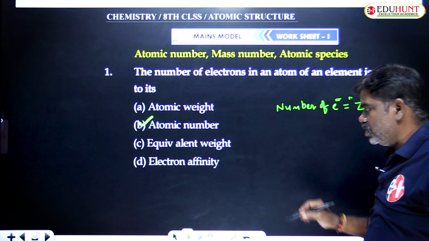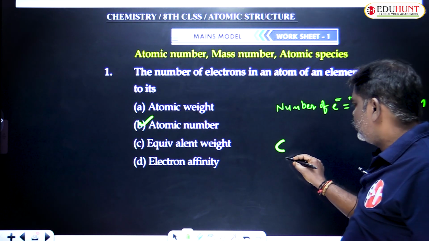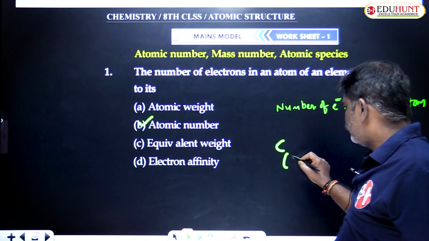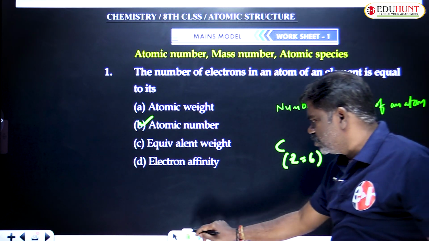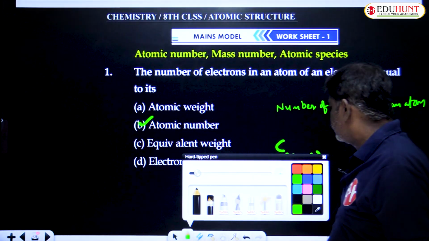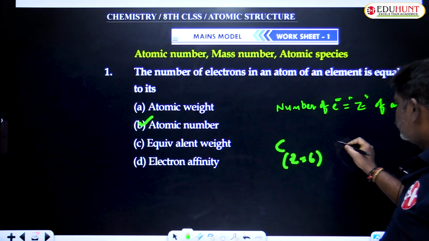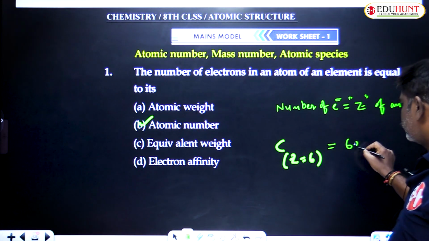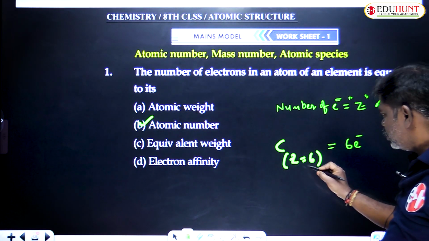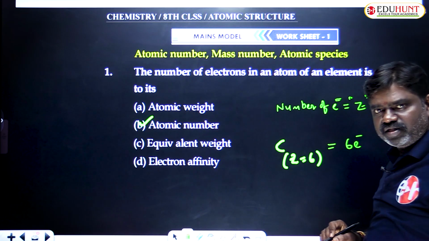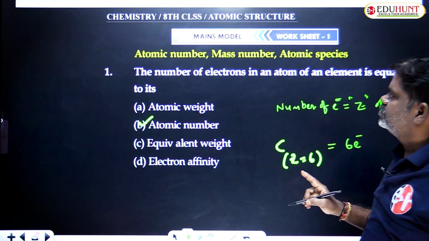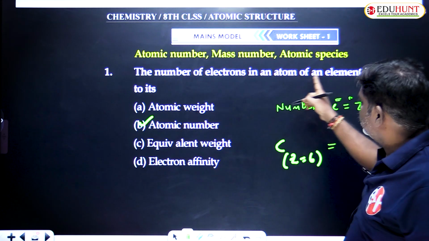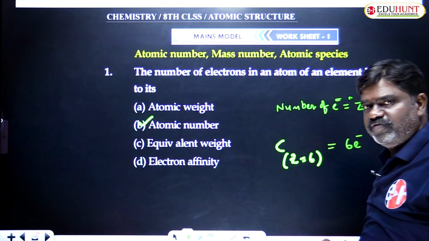For example, take carbon. What is the atomic number of carbon? The atomic number of carbon is 6. So how many electrons are present in carbon? There are 6 electrons present, because the atomic number of carbon is 6. Hence the atomic number is equal to the number of electrons of an element.